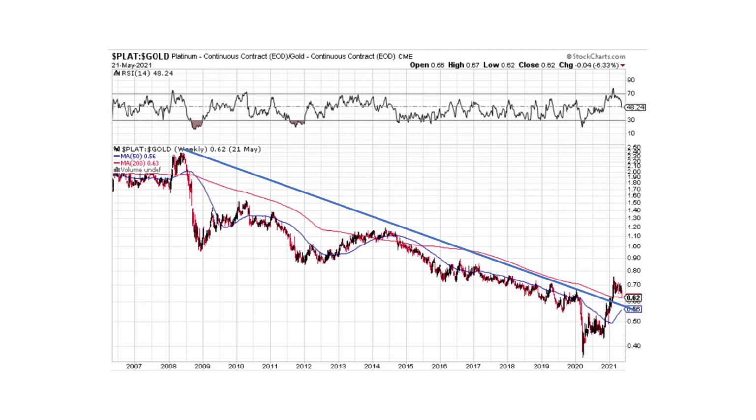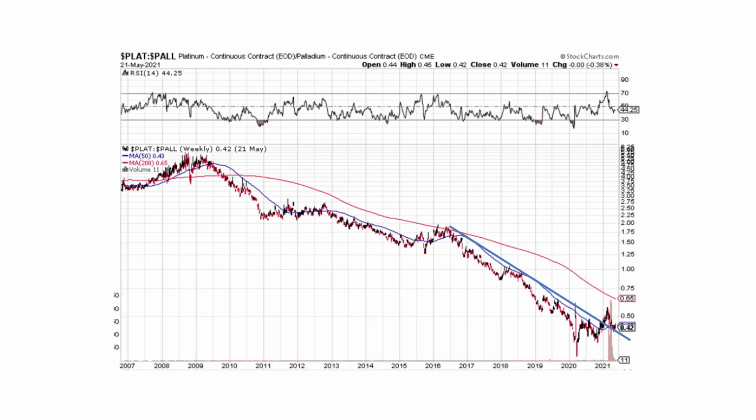This platinum outperformance signals that inflation is most likely coming. Platinum usually outperforms gold in an inflationary period, and the spot to be would be platinum because it's cheap and it's going to outperform. Now here's platinum to palladium.